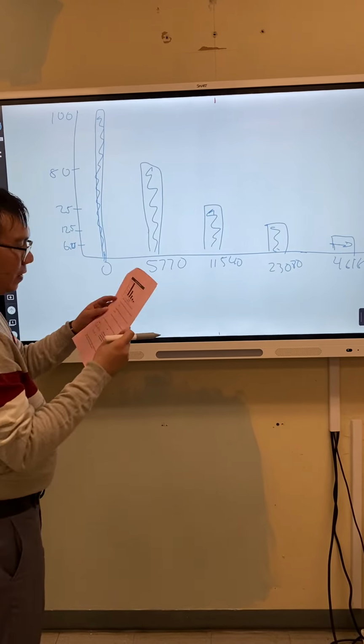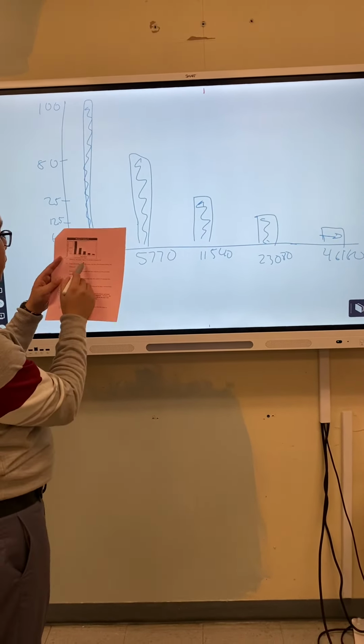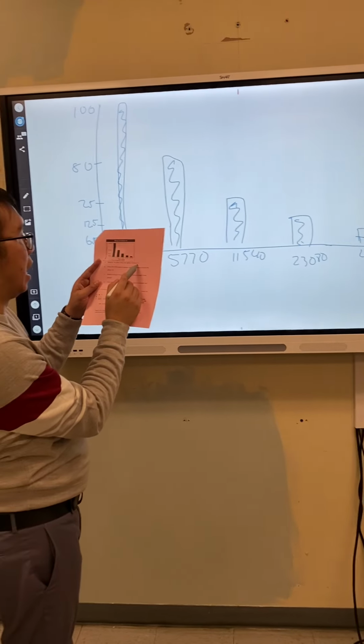All right, so on the graph, it's for question A. Based on the graph, what is the half-life of carbon 14?